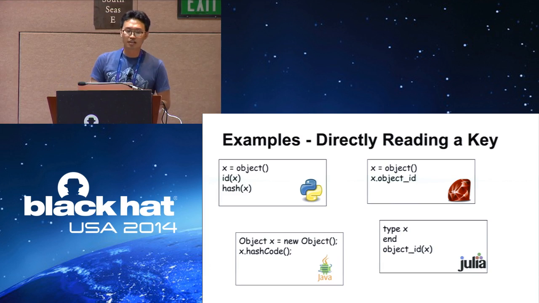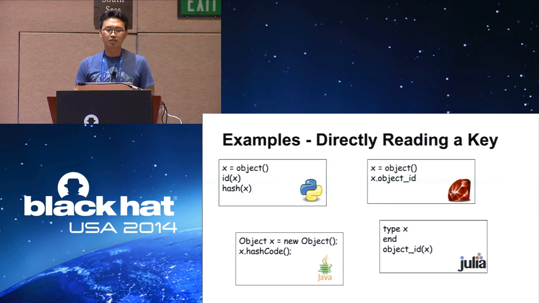But in the future, it is possible that the JVM also employs the native client model, in which the process is running in a different process from the actual JVM. In those cases, they are relying on different address spaces, so it is possible that this address information from the JVM side can be useful. And in Julia's case, you can create the type object and then get the ID of the object, and it is the address.